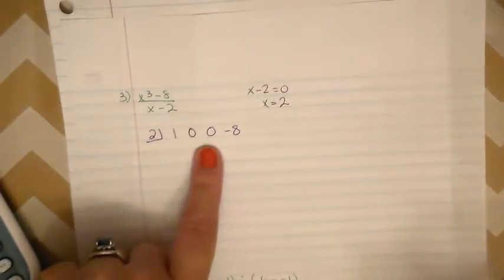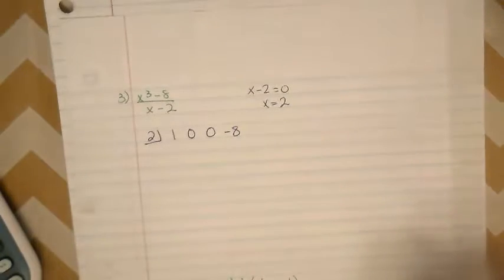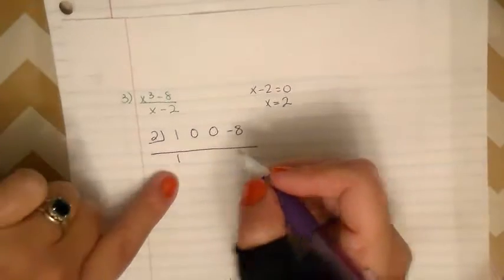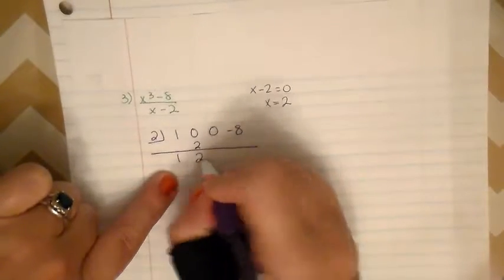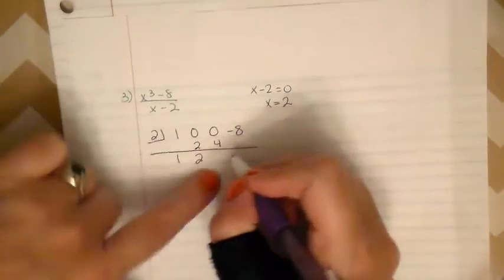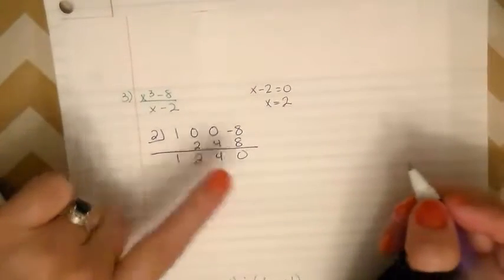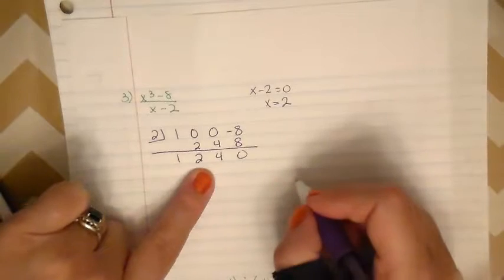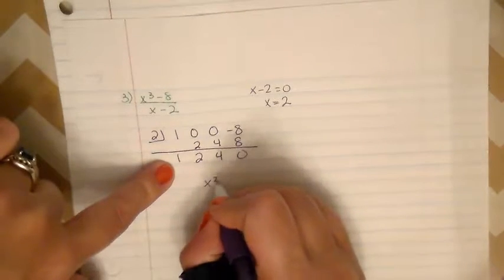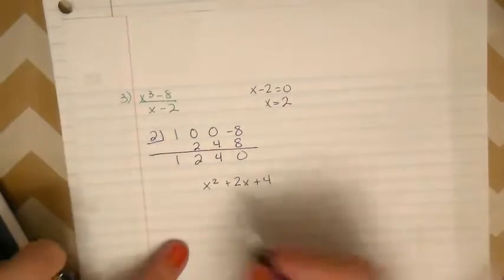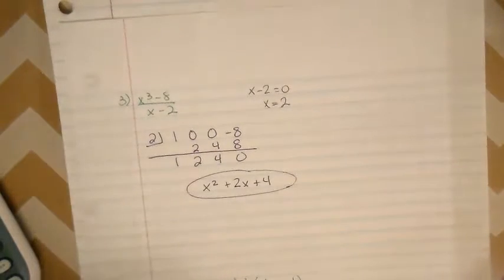So I have to have the same placeholders as I had when I was doing the long division. Okay, I bring down my 1. 2 times 1 is 2. Add it. 2 times 2 is 4. Add it. 2 times 4 is 8. Gives me a remainder of 0. So my new coefficients are 1, 2, and 4. So that would be my answer there.